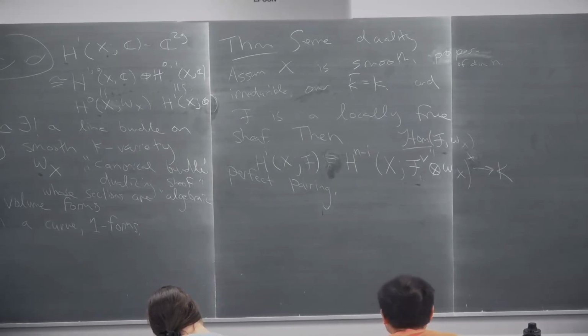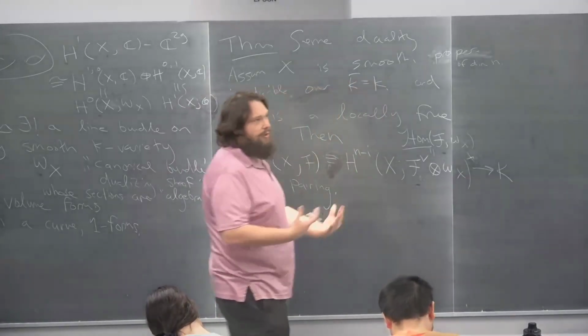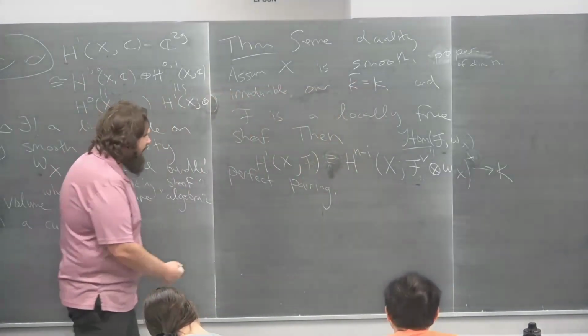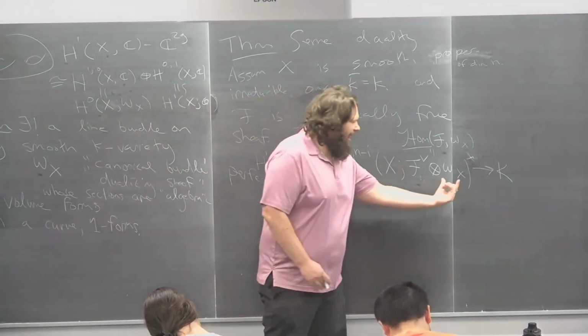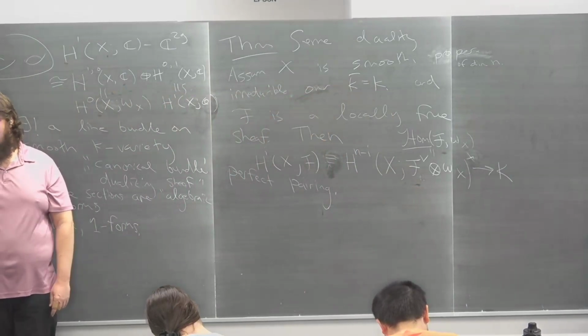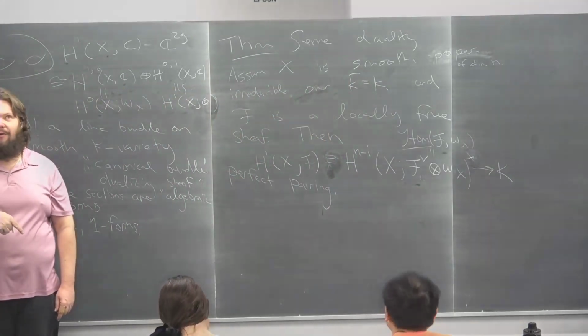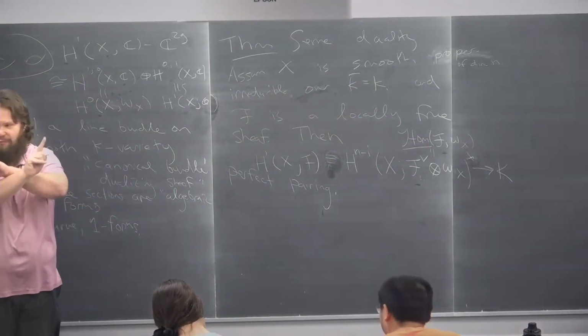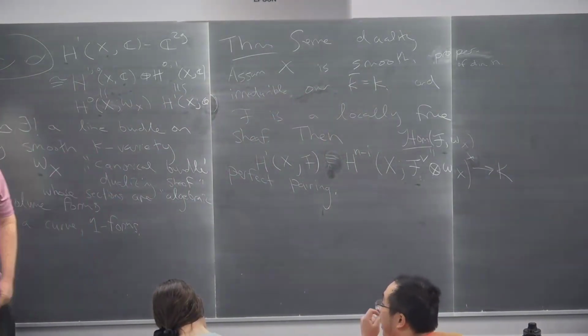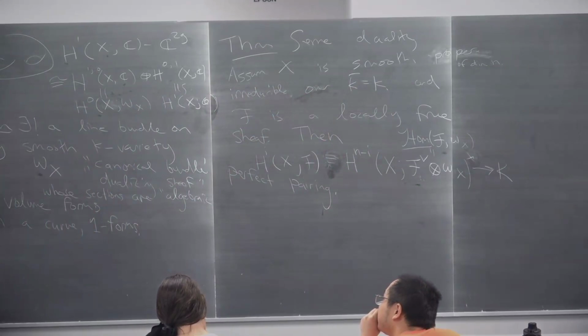Where this canonical sheaf comes up, there is a version of this that works for all varieties. You get the canonical sheaf by doing the left adjoint to push forward instead of the right adjoint. Wait, did I get that right? No. Sorry, reverse it. You take the right adjoint to push forward, which is different from the usual pullback.